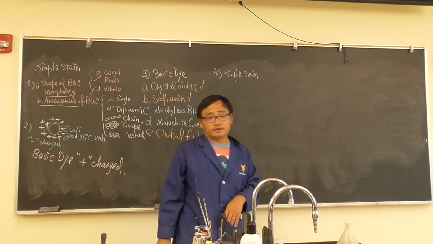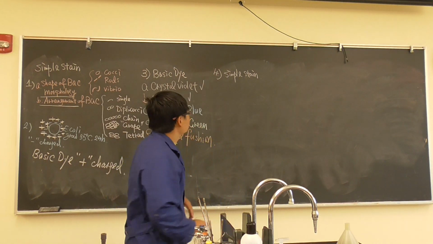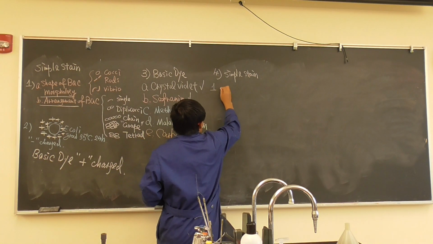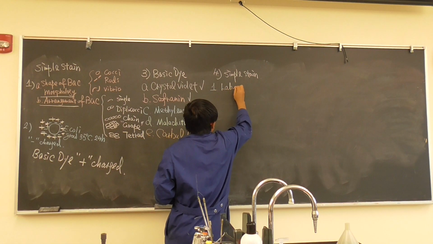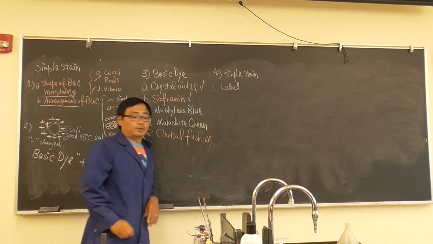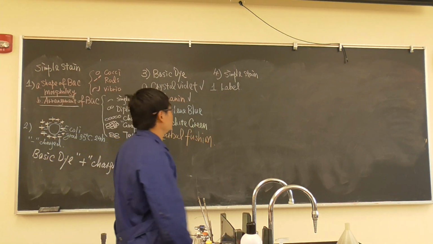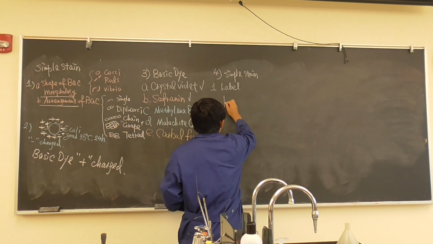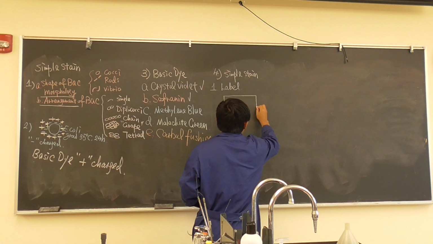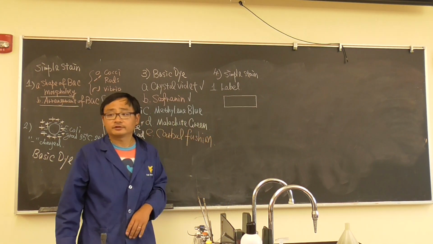Okay, so how to do it? You always remember the first thing you do in the lab. Number 1 is label. Because you know what you put there. So how do we do it? Get a glass slide. This glass slide, which is in your tray in the box, you should have it.